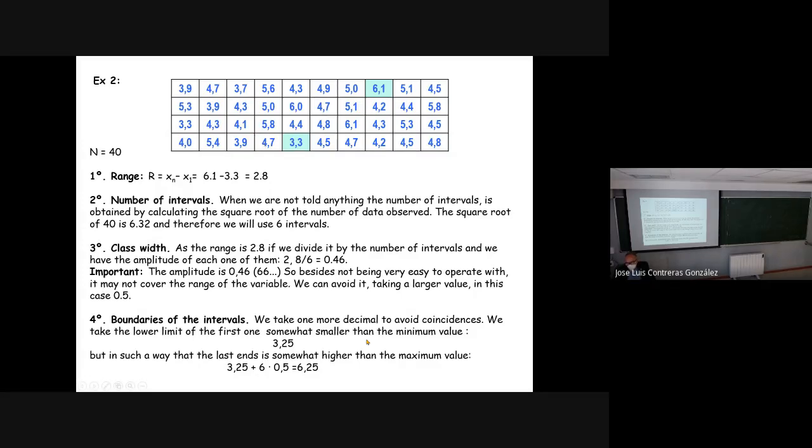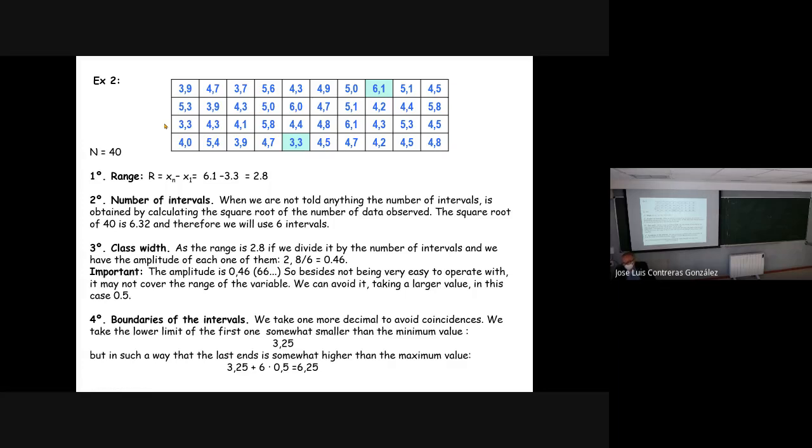And the easiest thing is to choose boundaries that have one more decimal than the values you have in the table. So for example, the lowest value is 3.3, so the lowest boundary will be 3.25. So 3.3 will be larger, and 3.2 will be lower. There's no way to make a confusion.